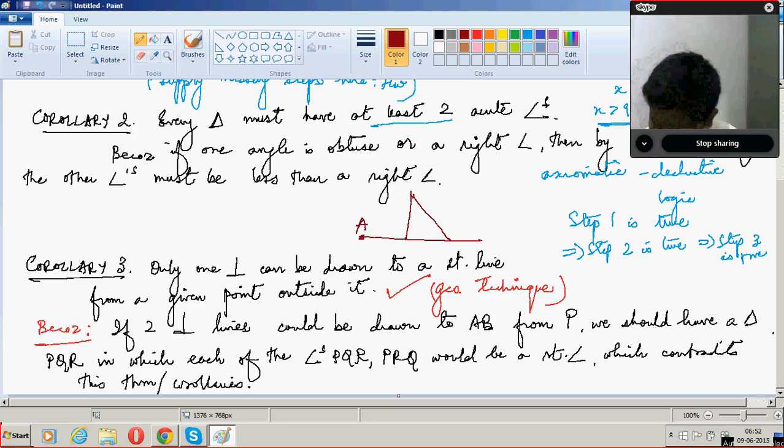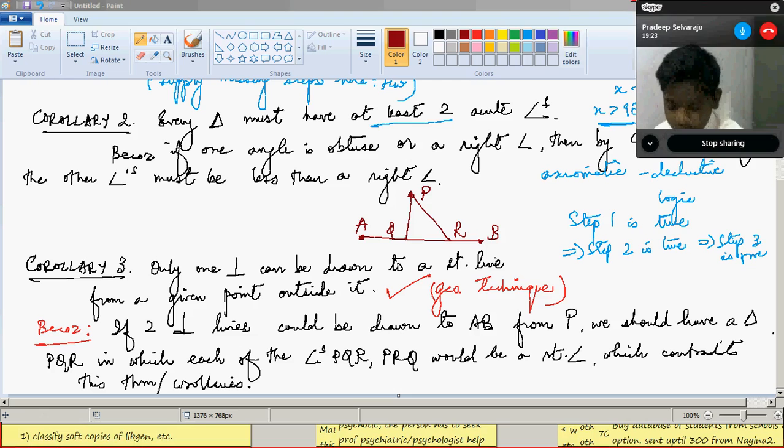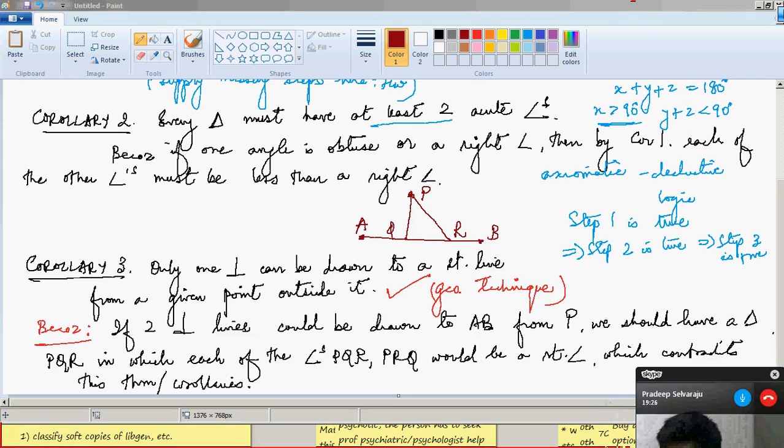This is A, this is B, this is the point P lying outside it, Q, R. Is it clear, Pradeep? Yes, sir.